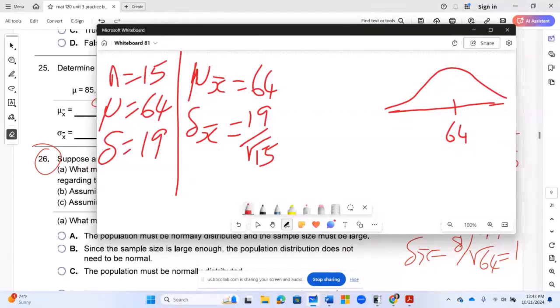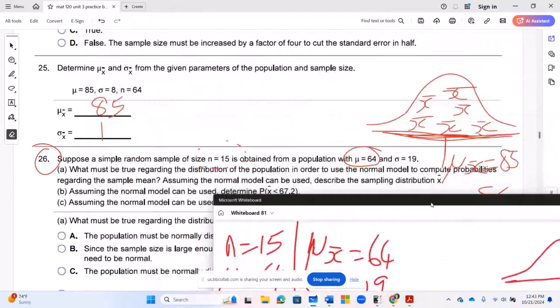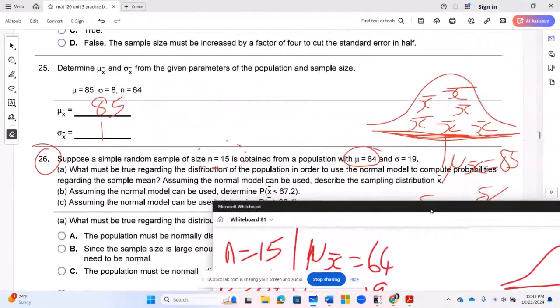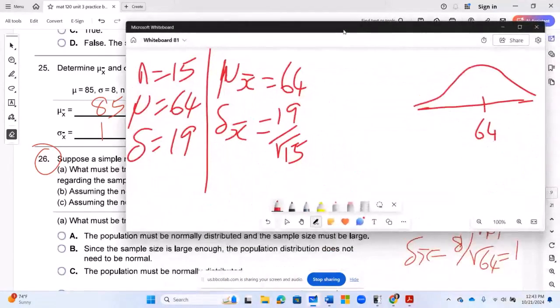They want me to establish the area under the sampling distribution for x bar less than 67.2. So that point must be on the right-hand side of the mean. They want me to find the area to the left of 67.2. I already know that negative infinity will be 1e to the power of 99.